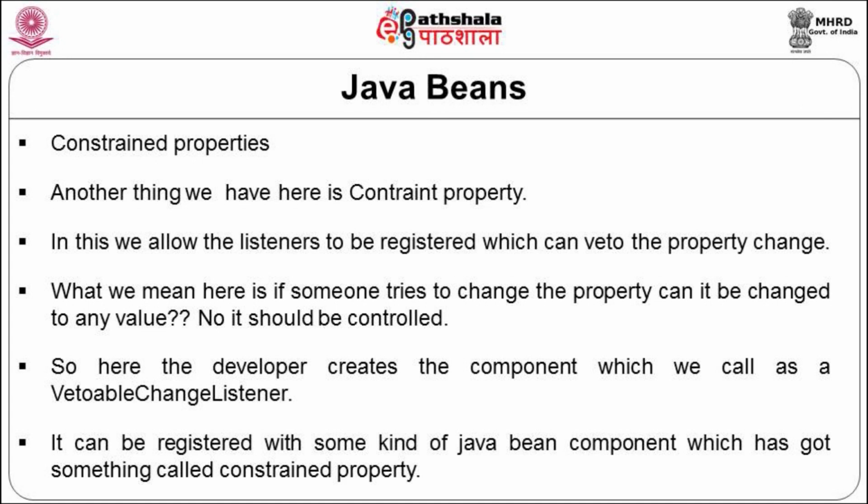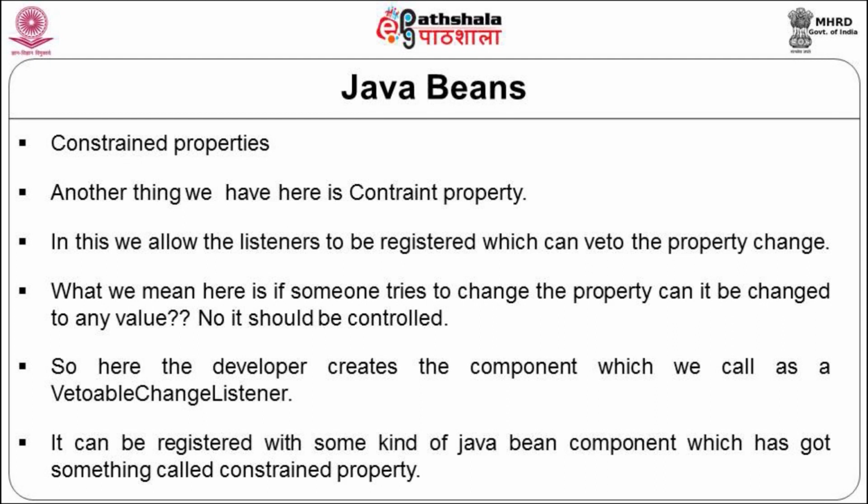The next kind of property we have here is the constrained property. A constrained property is again a property for which we allow listeners to be registered who can veto a property change.